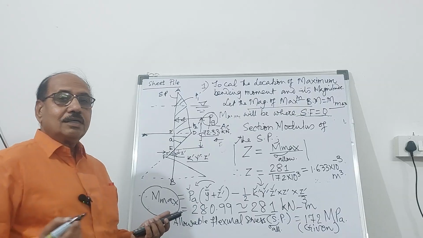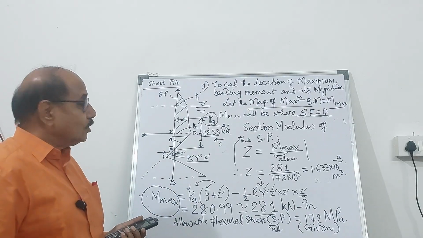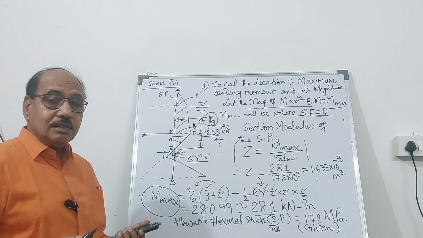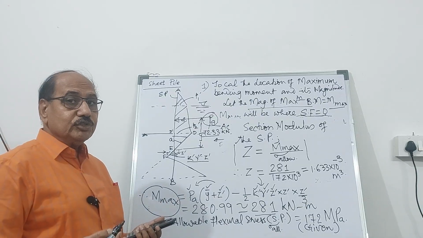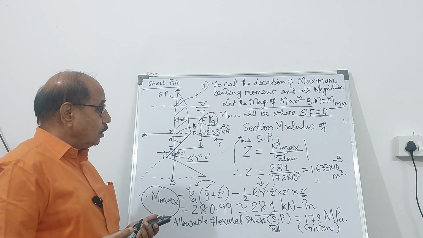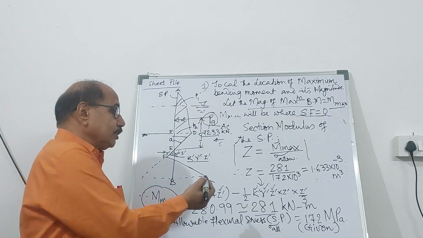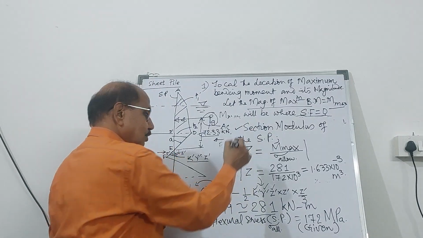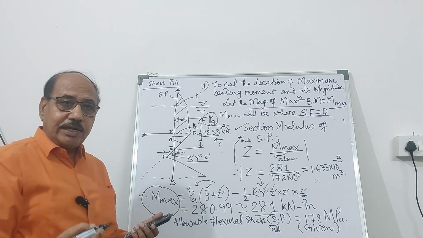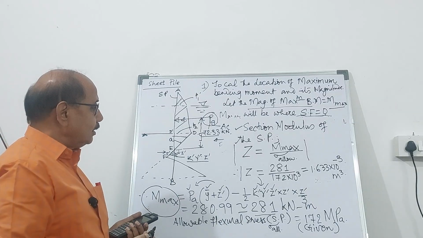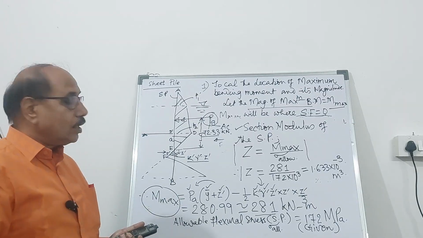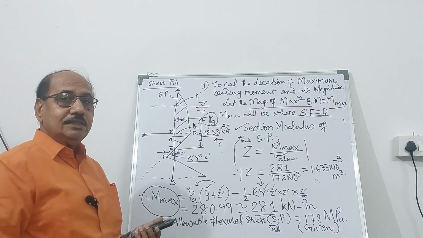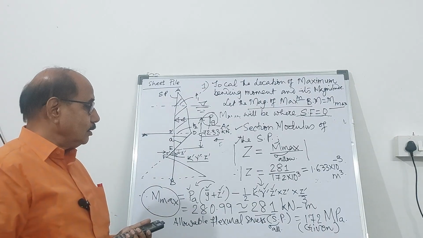And therefore, you know the dimension. For any cantilever sheet pile, what could be the dimension? It will depend upon the section modulus. So you can calculate the section modulus and provide the required dimension for the selected sheet pile.